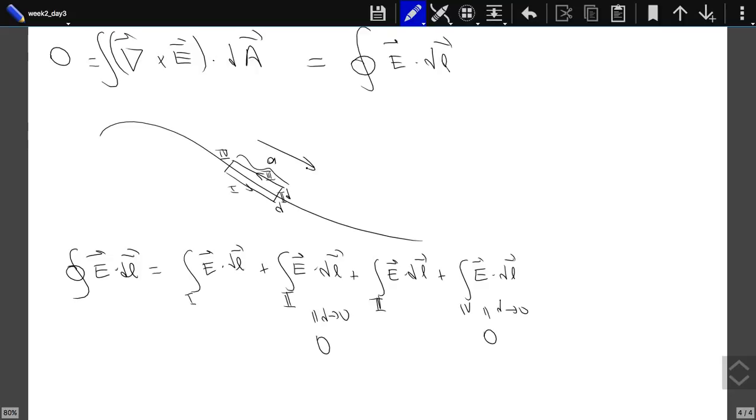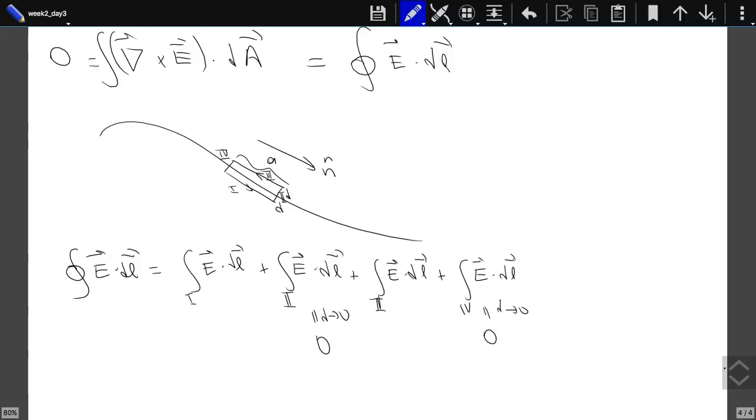Now let me call this vector n hat. This is not the normal. This is parallel to the surface, because side 1 and side 3, they are both parallel lines. They are parallel to the surface, and n is also parallel to the surface.